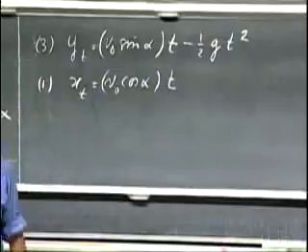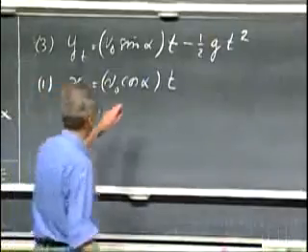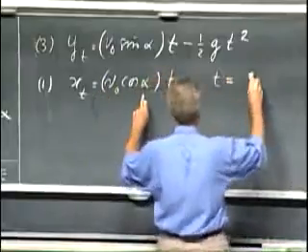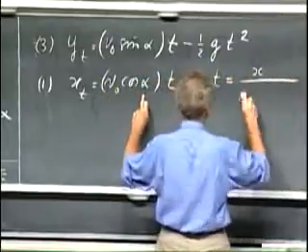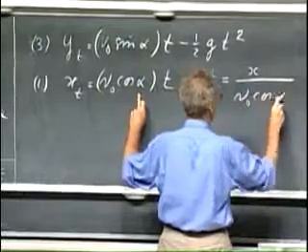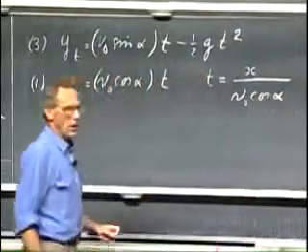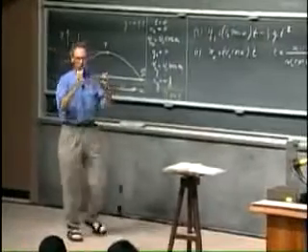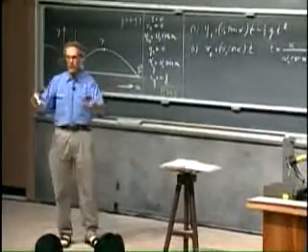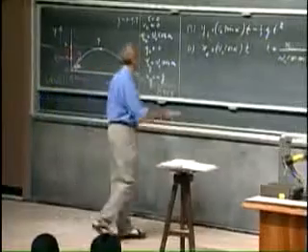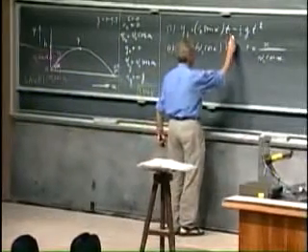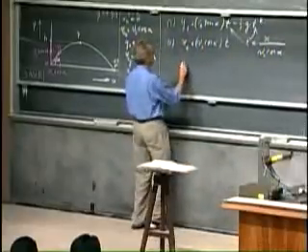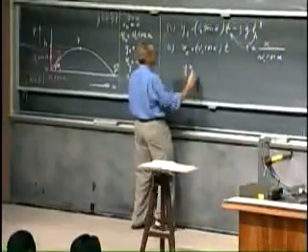Now I eliminate t, and the best way to do that is to write for t x divided by v0 cosine alpha. Now I can drop all the subscripts t, because we're now going to see x versus y. We're going to eliminate t. So I'm going to substitute this time in here and in there, and so I'm going to get y equals.